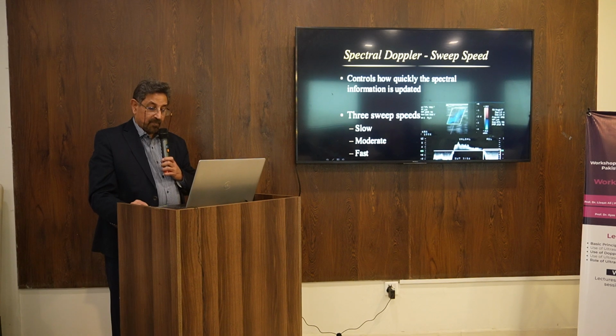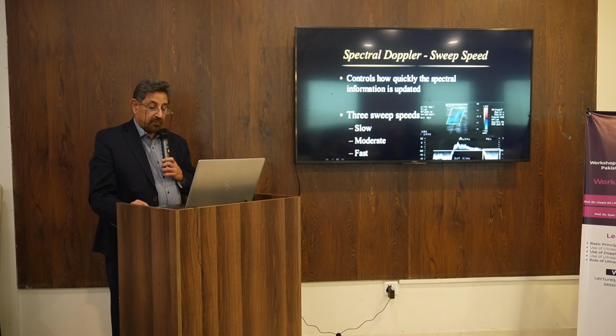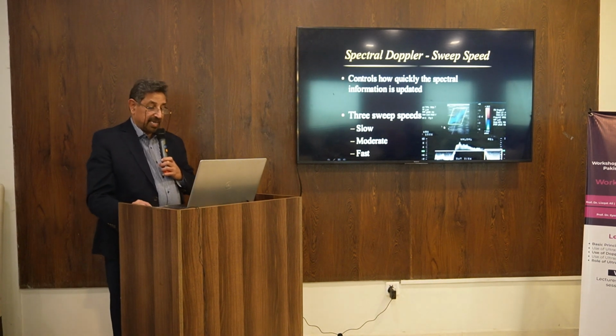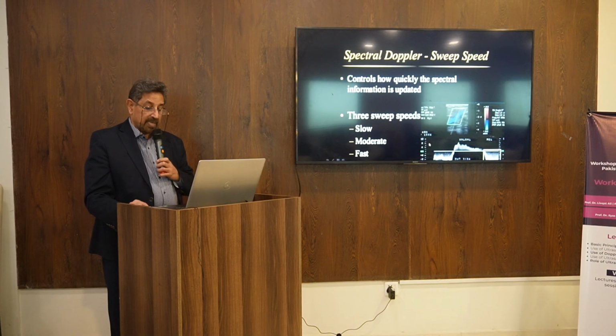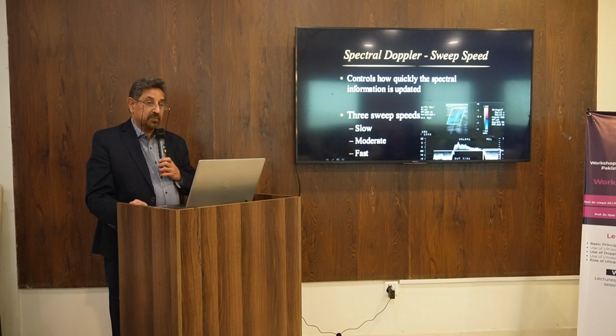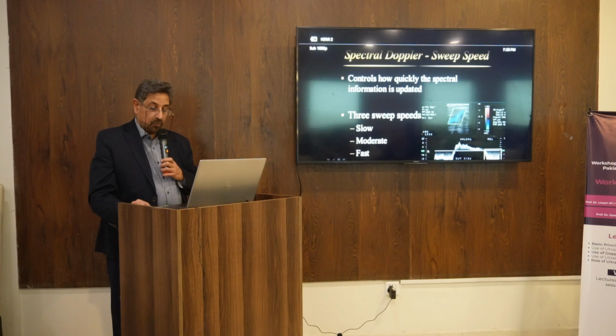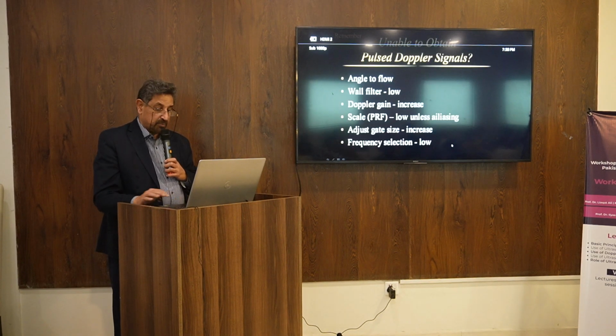For venous, when we want to see the Valsalva maneuver and the reverse and forward flow, the sweep should be sufficient to show all those wave patterns, towards the probe, away from the probe, towards the probe and back during the Valsalva, that we do to see the reflux. And if the sweep speed is very slow, we'll have only one segment of the spectrum. The rest of the spectrum won't be there. So it should be fast enough to capture all the three spectrums over there.